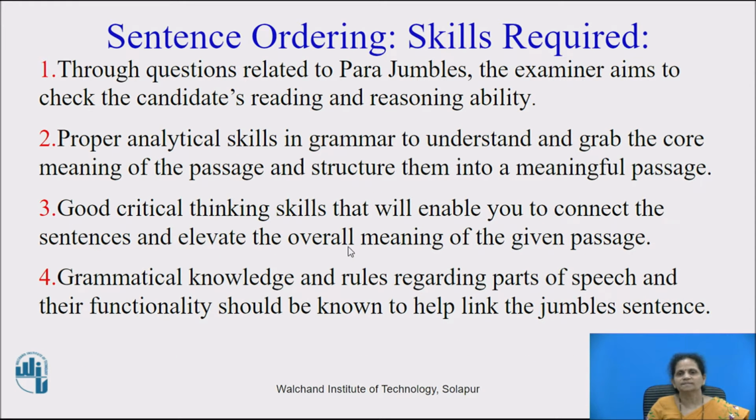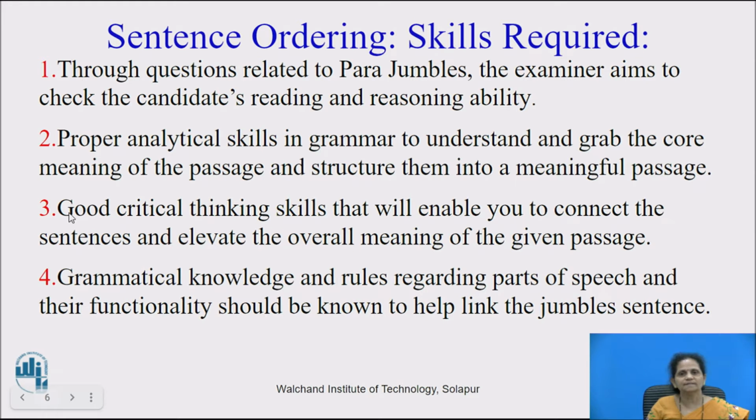Sentence ordering skills required. The first skill: through questions related to Jumbles, the examiner aims to check the candidate's reading and reasoning ability. Second, proper analytical skills in grammar to understand and grab the core meaning of the passage and structure it into a meaningful passage.